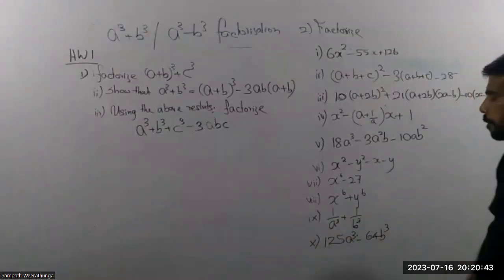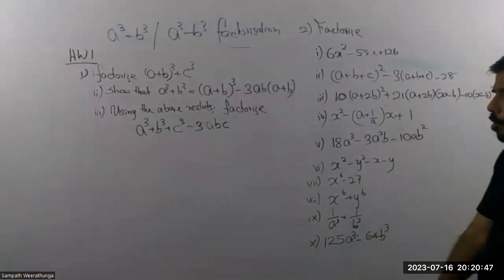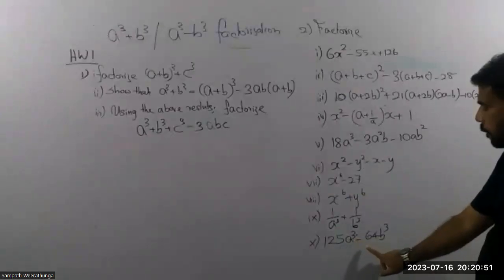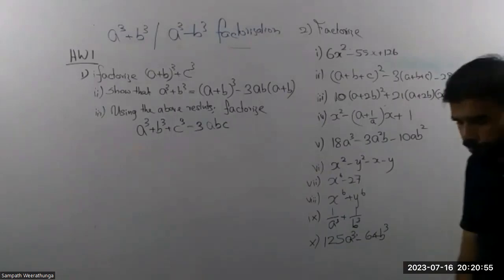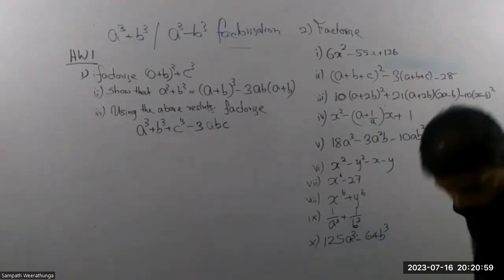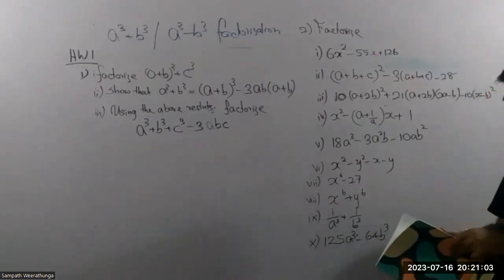Tenth one, 125a cube minus 64b cube. Right. Okay. I'll give you 2 minutes to correct your copy.